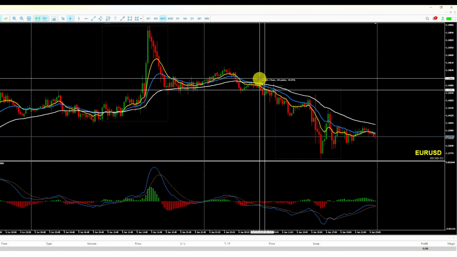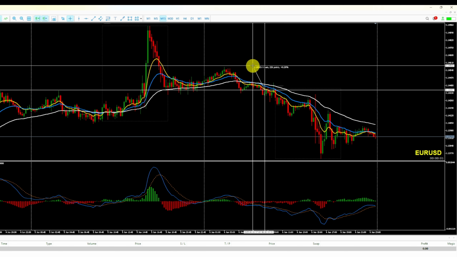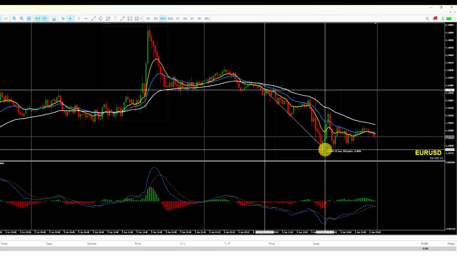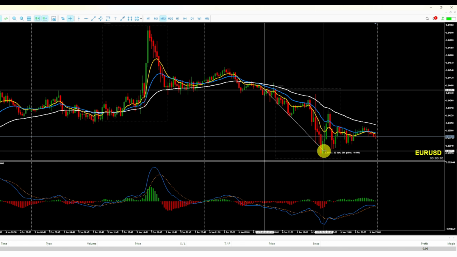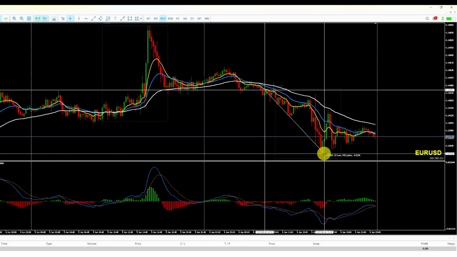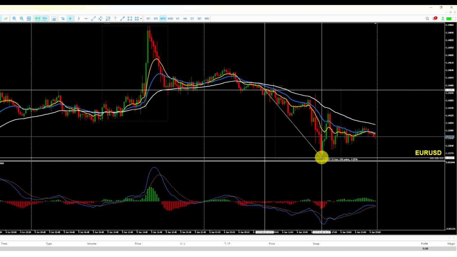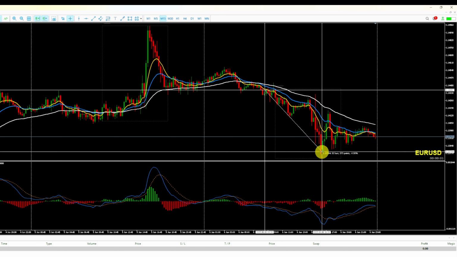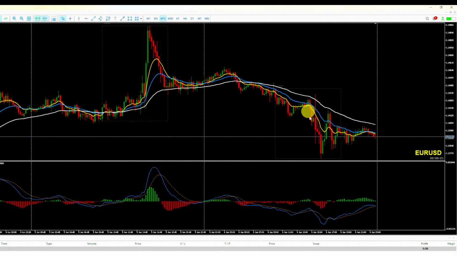We would have a stop loss above the recent swing high of about 20 pips, and a take profit, or we could have done a 2 to 1, 60 pips, 63. We could have actually got a 3 to 1 out of that if we happened to get out right at the end of this candle. So this was just using the moving average alone.